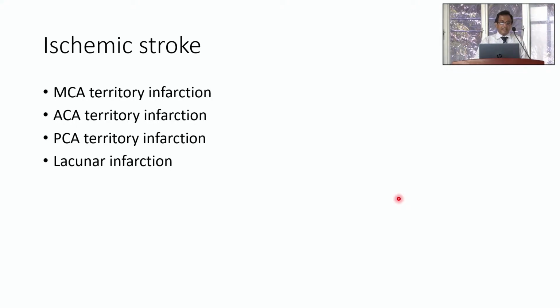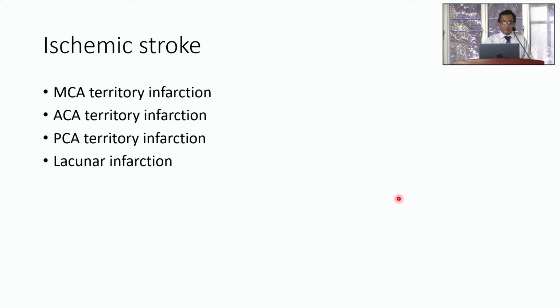Middle cerebral artery territory infarction is the most important one because it involves the motor cortex. Lacunar infarction is caused by the obstruction of the perforator branches which supply the periventricular region, including the internal capsule. So motor function can be affected by lacunar infarction also.